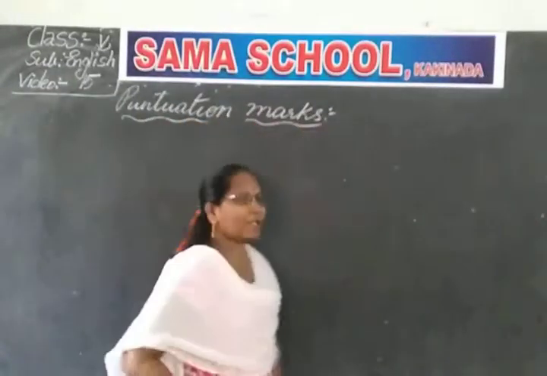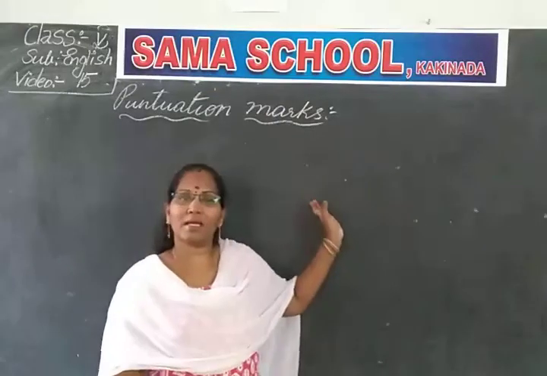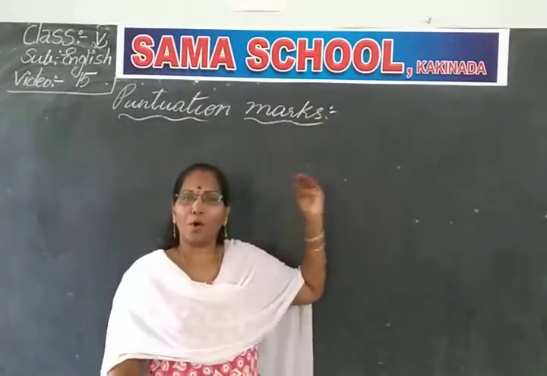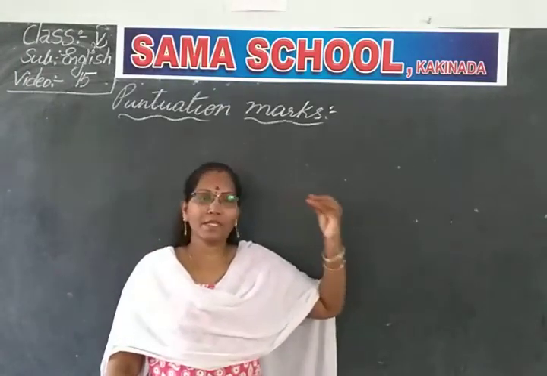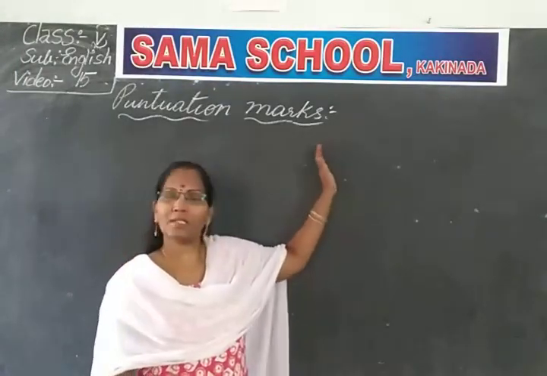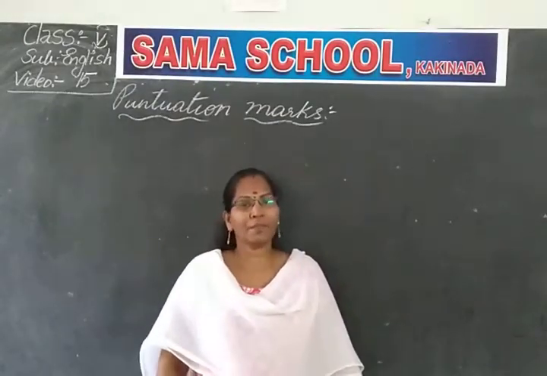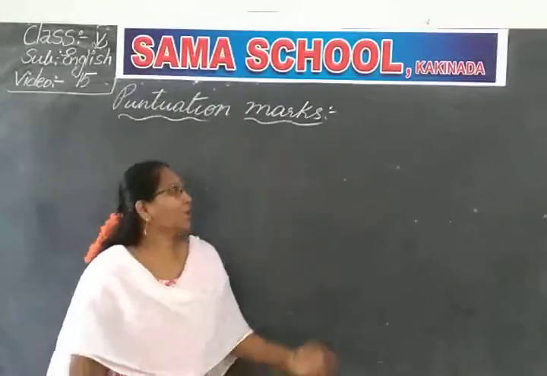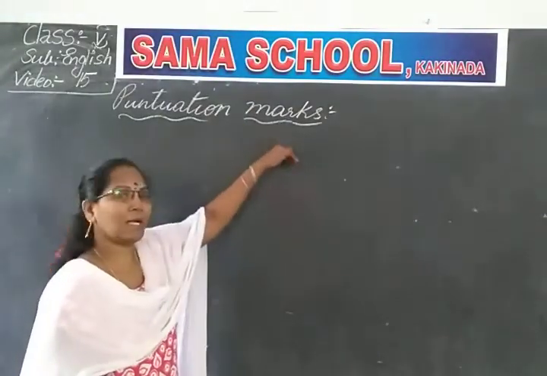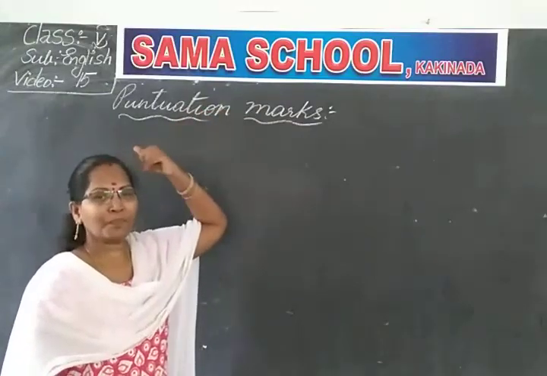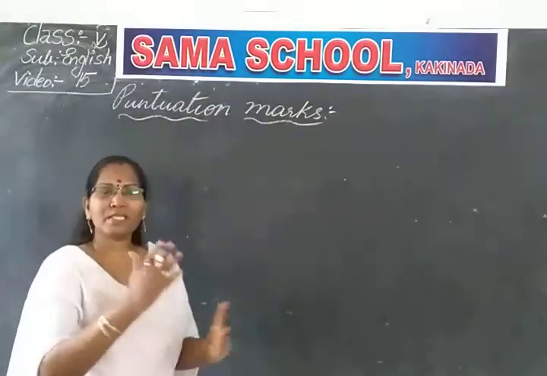So punctuation marks are very, very essential for us. Why do we use these punctuation marks? These are the pauses, and the main symbols which we use while we are writing the English language. This is just for knowing the variation of the sentence.